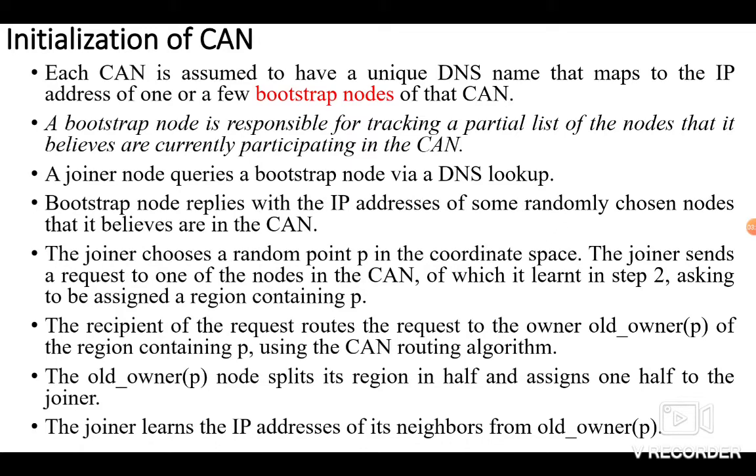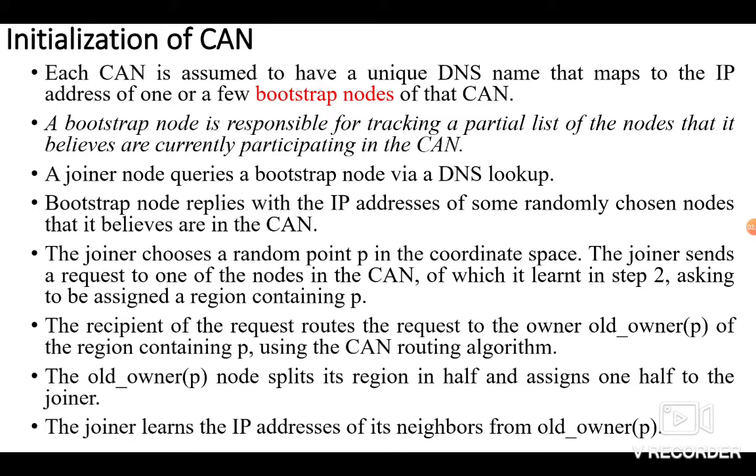For example, a joiner node queries a bootstrap node via DNS lookup. The bootstrap node replies with the IP addresses of some randomly chosen nodes. The joiner may choose any random point P in the coordinate space. The joiner sends a request to one of the nodes in the CAN, asking that node for a new region.